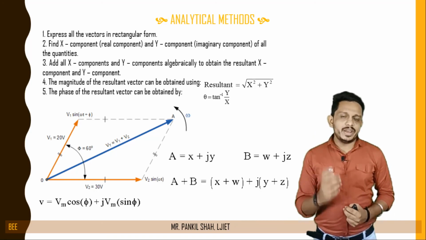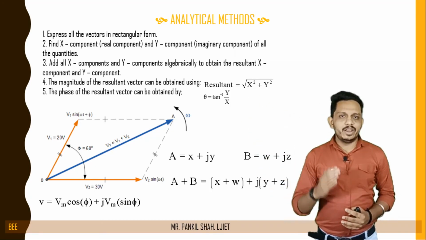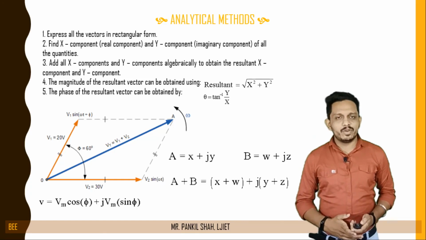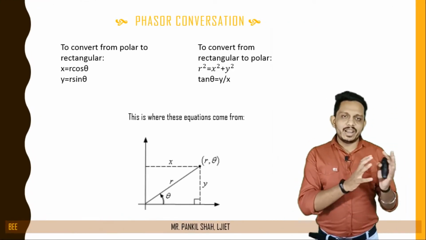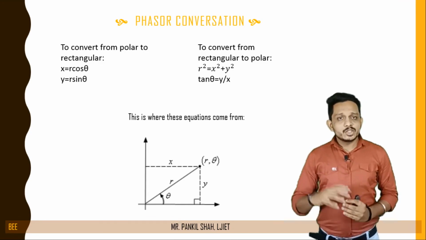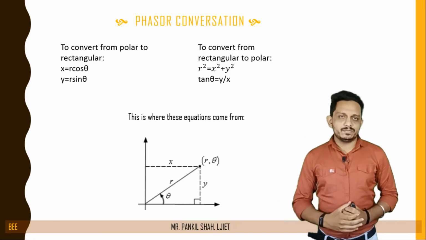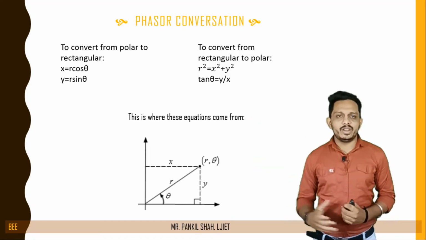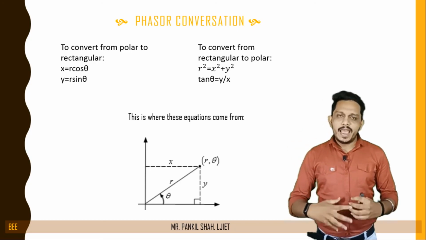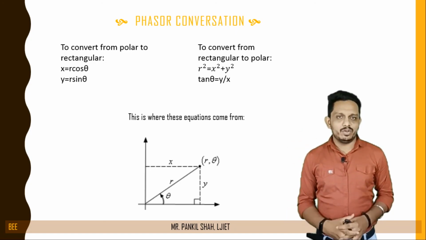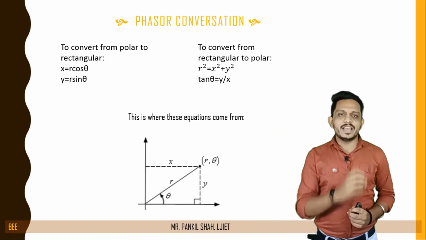But one question may arise: how can we convert polar form into rectangular form and rectangular form into polar form? So let's see how we can convert our quantities from polar to rectangular and rectangular to polar. If our quantity is given in polar form and we want to convert it into rectangular, in rectangular form our standard form is x plus jy.